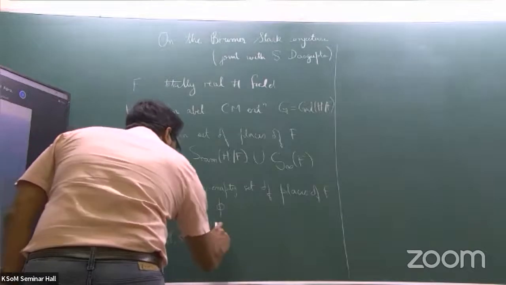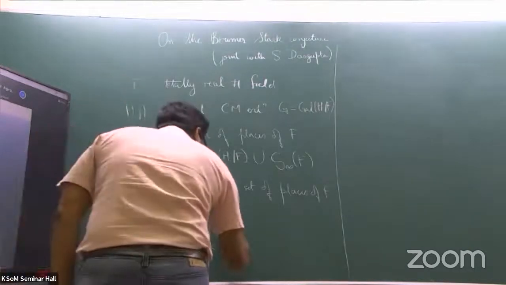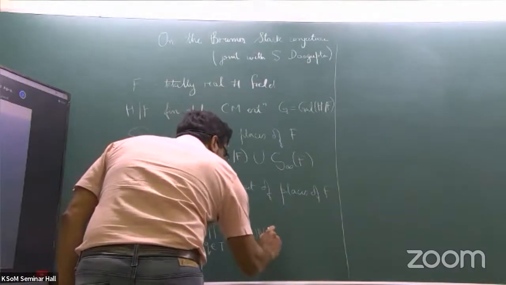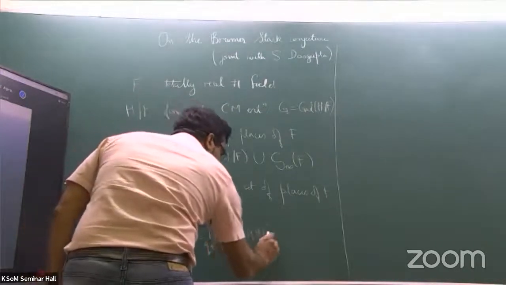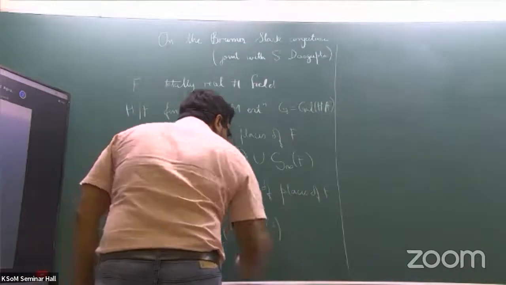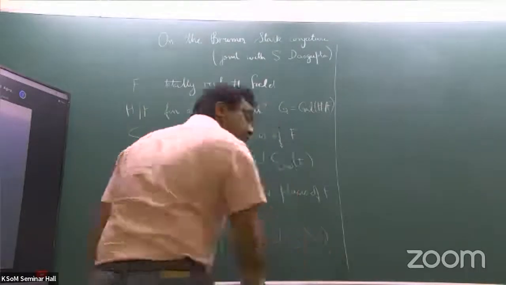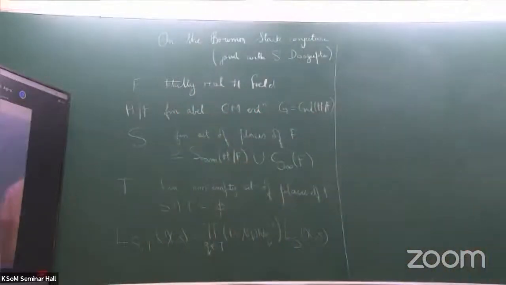Okay, so I'll define this decorated L function for any character chi of G. So this is the product over all places in T of 1 minus chi of q times norm of q to the, sorry, sometimes my q is like this, 1 minus s, times L_S of chi, s. And what is L_S of chi, s?